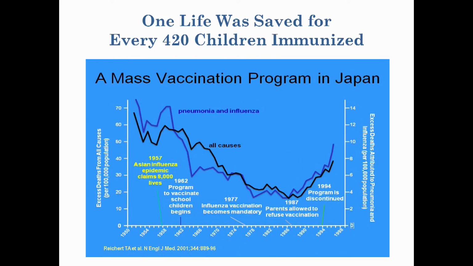And as you can see, when they instituted the program, they both fell down. In 1977, when they made the program mandatory, they fell even lower. But then, when they made the program not mandatory anymore, deaths from all causes and deaths from pneumonia influenza began to rise. And when they stopped the program, then the levels were headed back to baseline levels, basically.